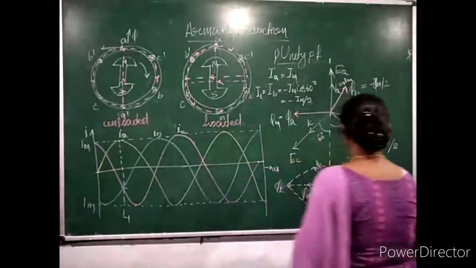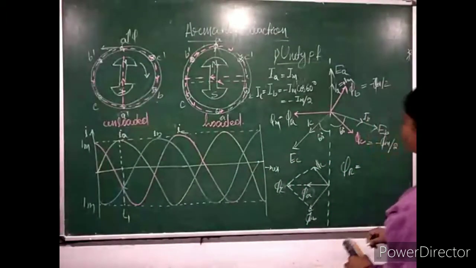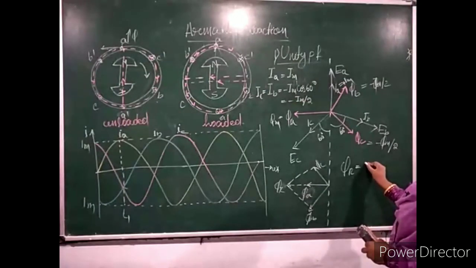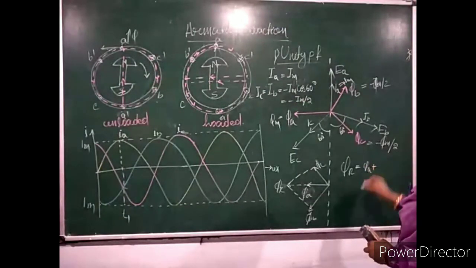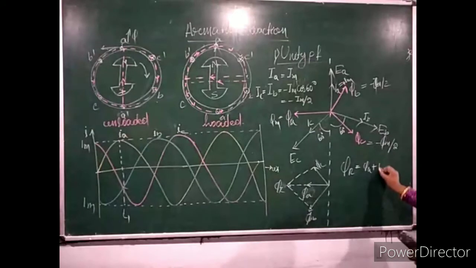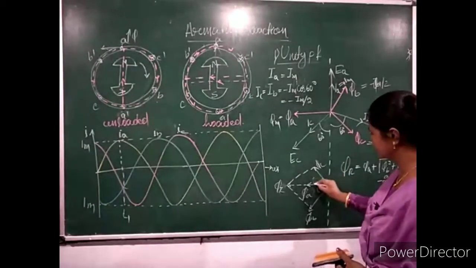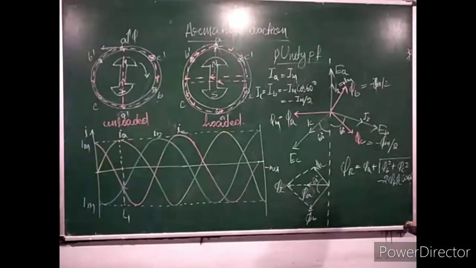So phi R is equal to the resultant of phi A plus the resultant of phi B and phi C, with cos 60 degrees, as this angle is 60 degrees.